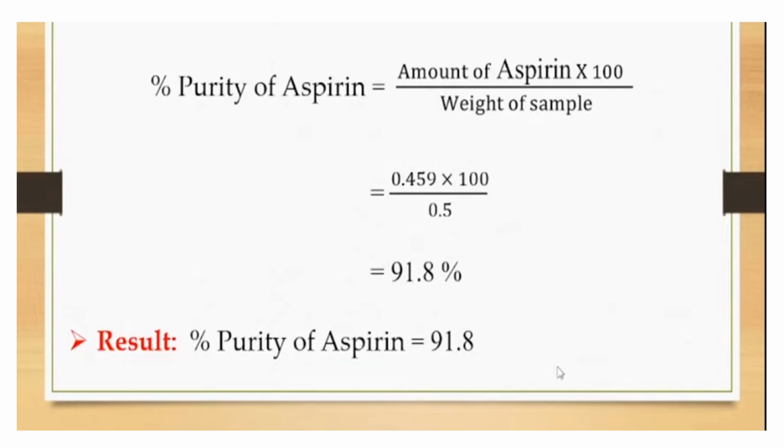Now, having this result, go to the pharmacopoeia and check whether the purity range of aspirin matches or not. If it is far below this, you have to check. Your result must be in the range of the pharmacopoeia or monograph for aspirin.